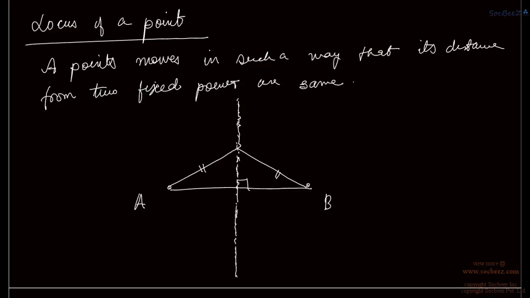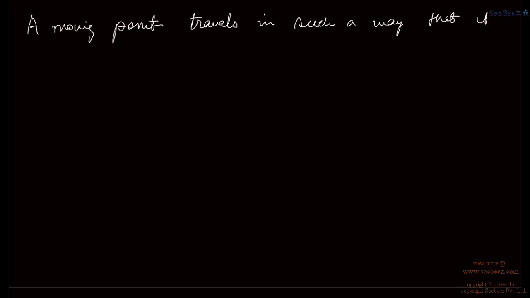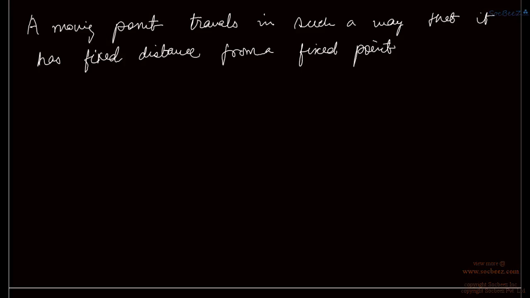Similarly, if a point travels in such a way that it always maintains a fixed distance from a fixed point, so what is its locus?